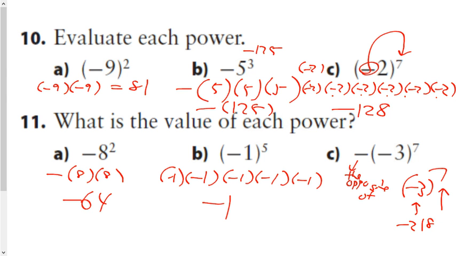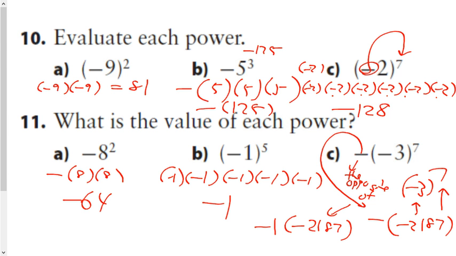So I'm going to put that in brackets, because this one here now comes down, and I now read this as either the opposite of negative 2,187, or I can also think of that negative symbol as a negative 1 if I wanted to. But either way, the opposite of negative 2,187 is going to be a positive 2,187.